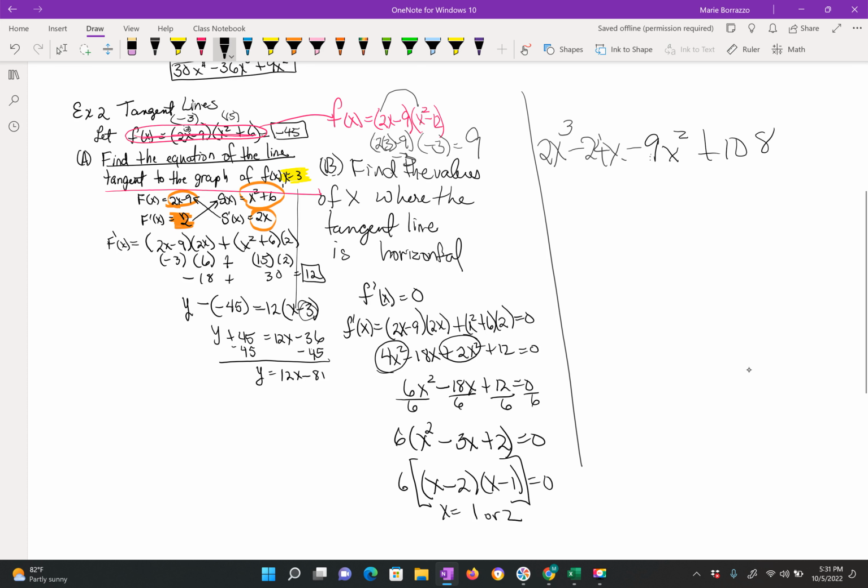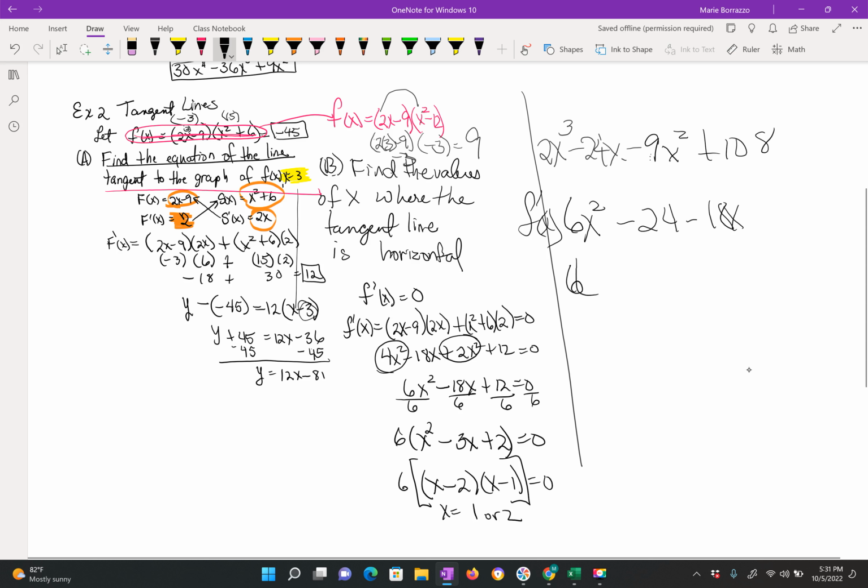Now we have to differentiate. So this is 6x squared. In other words, this is the derivative: 6x squared minus 24 minus 18x plus 108. Oh, actually, no 108. We're differentiating. At this point, this is going to give us a slope.